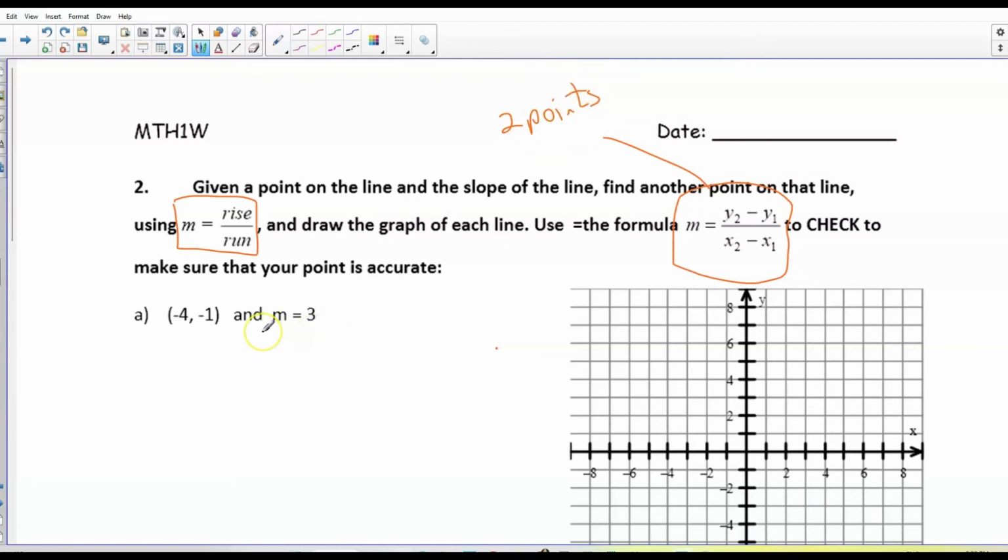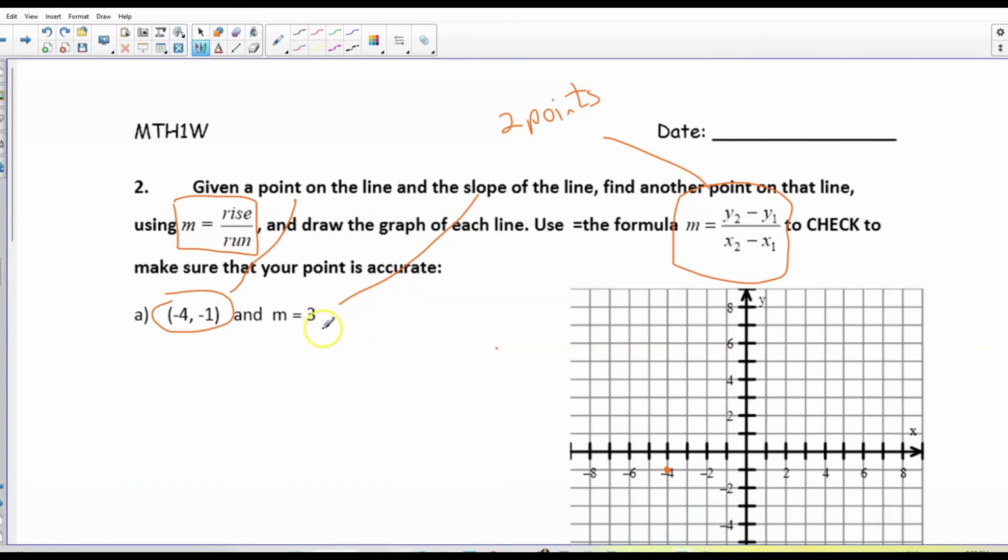So given a point on the line, which we are given right here, and the slope of a line, which we are given right here, can we find another point on that line? So let's see what we can do here. So we know, and I'm going to draw this first. So it's -4, -1. So here's our first point, and our slope is 3.